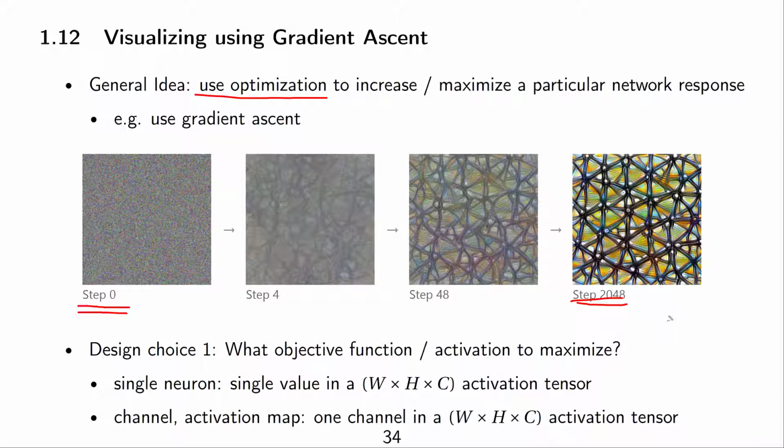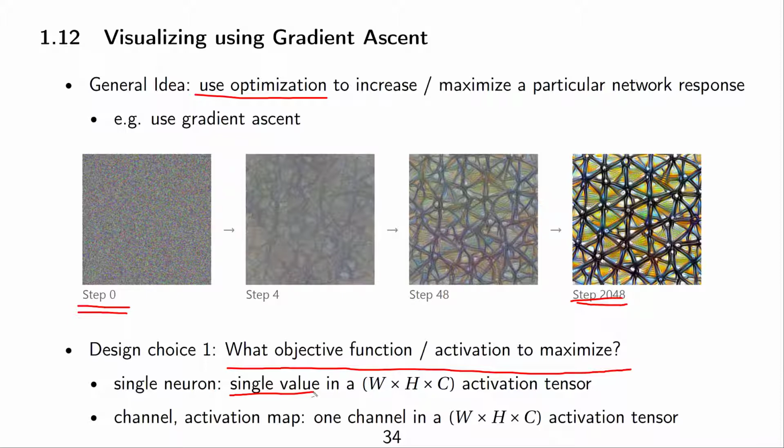All right, nevertheless, let's go into different design choices, how people set up these algorithms. First, what objective function, what kind of activation to maximize? Typically we go into one particular layer. We have an activation tensor that is output by this given layer, and then we look at this activation tensor. But what should we try to maximize here? Should we maximize a single neuron, or let's better say a single value in this width times height times c activation tensor?